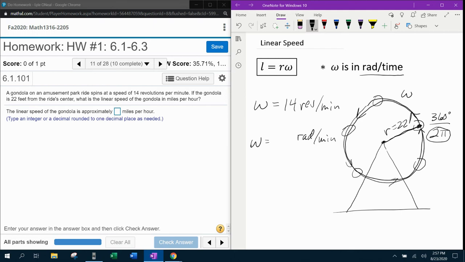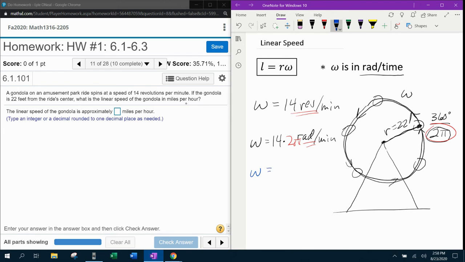So to convert to radians per minute, we want to take the revolutions, which in this case is 14, and we want to multiply that by 2 pi. And that is how you convert revolutions to radians, you multiply by 2 pi, because every revolution is 2 pi radians.